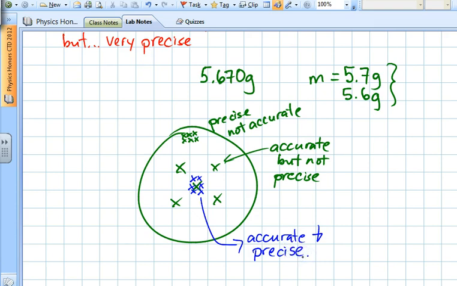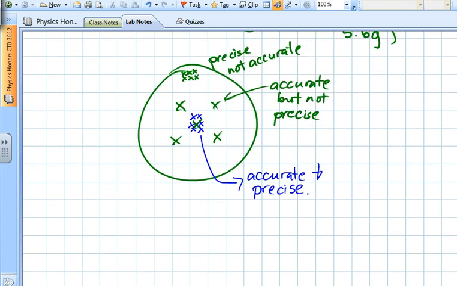And the final thing that we want to talk about right now is the fact that this precision is related to the number of sig figs. And finally, we can talk about the uncertainty of the data.